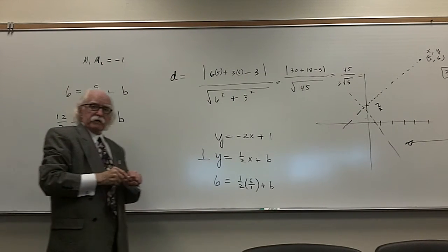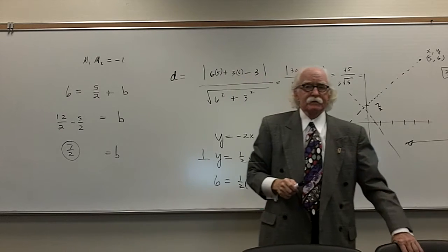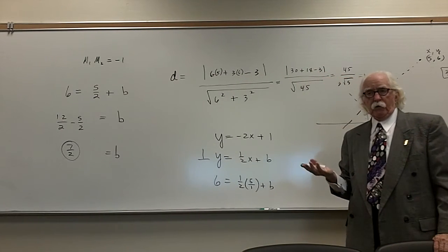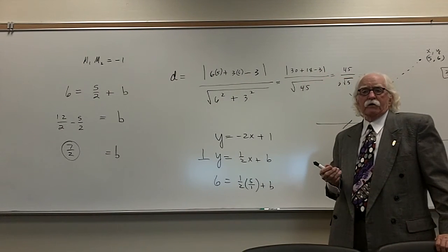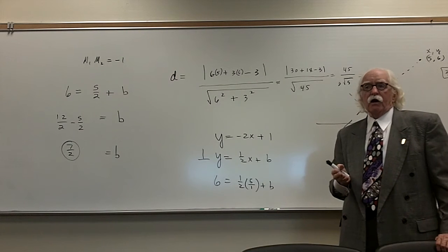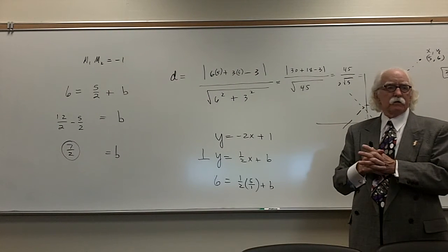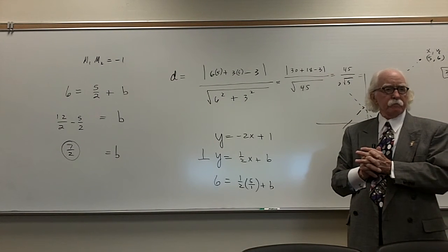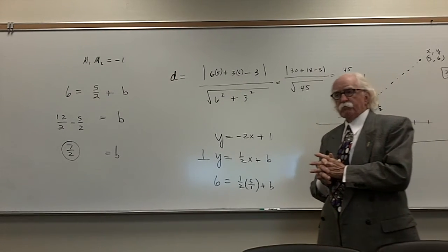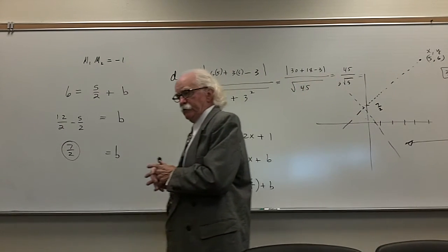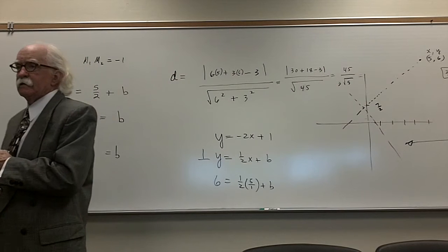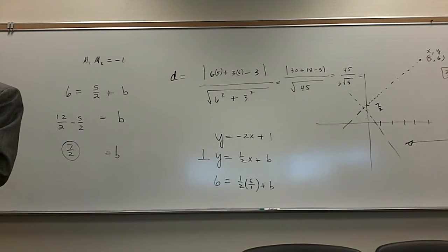If you multiply the two slopes together and you get -1, that tells you they're perpendicular. If one slope multiplied times the other slope is equal to -1, then the two lines are perpendicular.